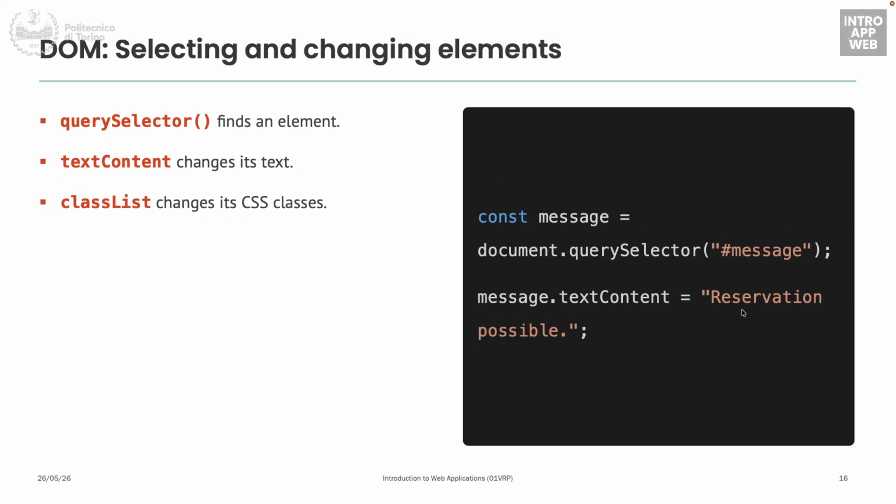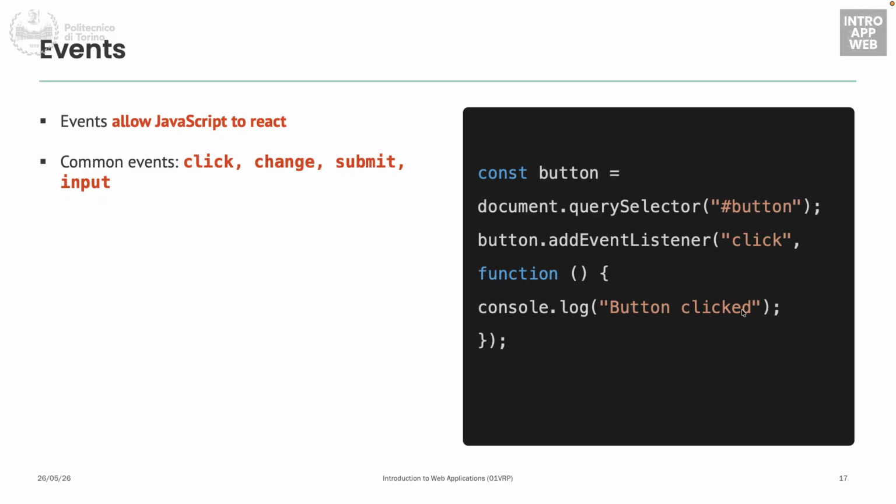Let me see. This one instead, what is this one doing? Button that clicked, yeah. So in this case, first he gets a reference to a specific button, using also the ID of the element, and then he adds an event listener.